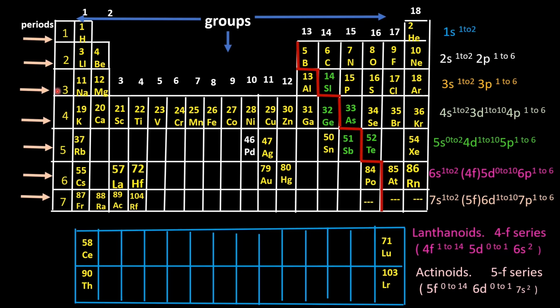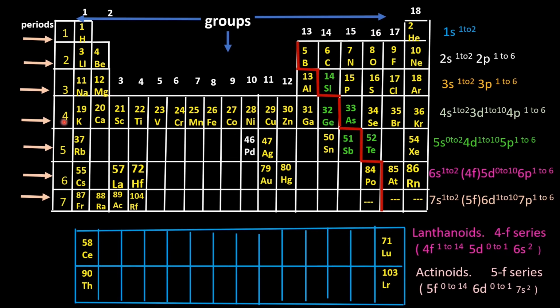In the third period also, there are 8 elements from sodium to argon and the outermost shell is the third shell. Electron configuration is 3s1 to 2, 3p1 to 6. The total number of shells for the third period elements is 3.